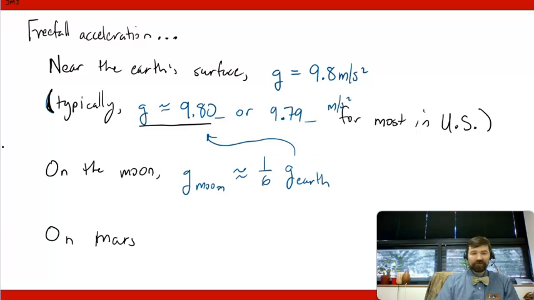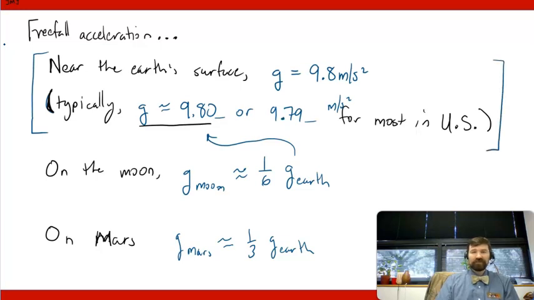If you go to Mars, then g for Mars is about 1/3 g for Earth. Typically we're going to be doing problems near the Earth's surface, but if you wanted to go to another planet or to the moon, you get a different value.